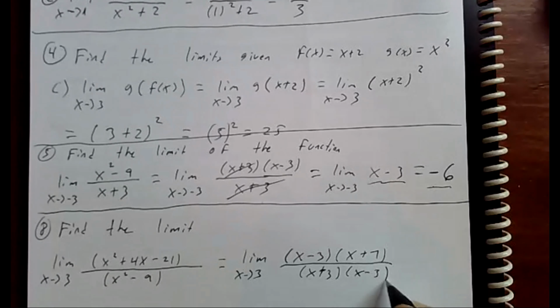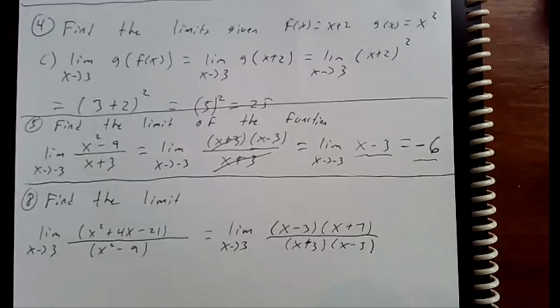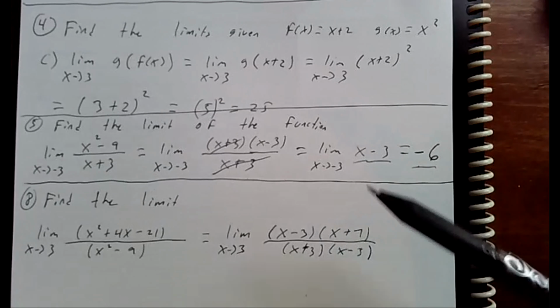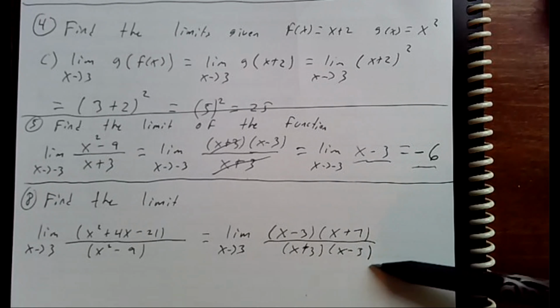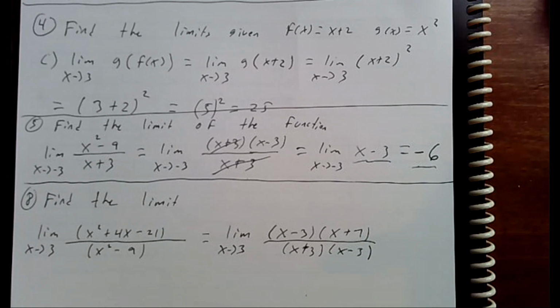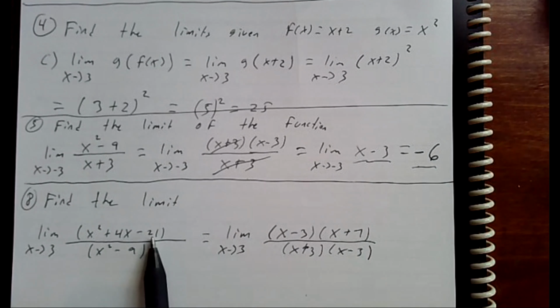I don't want to gloss over the factoring too much, but it's assumed you know how to do this. But do you guys remember how we factor the top and the bottom? You have to multiply to the last number, right? Like 7 times 3 equals 21. So the -3 times 7 must be -21.